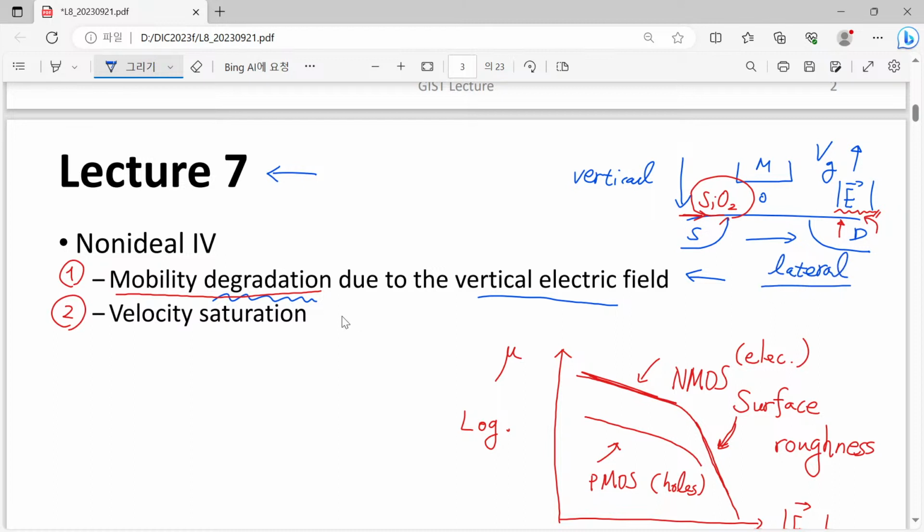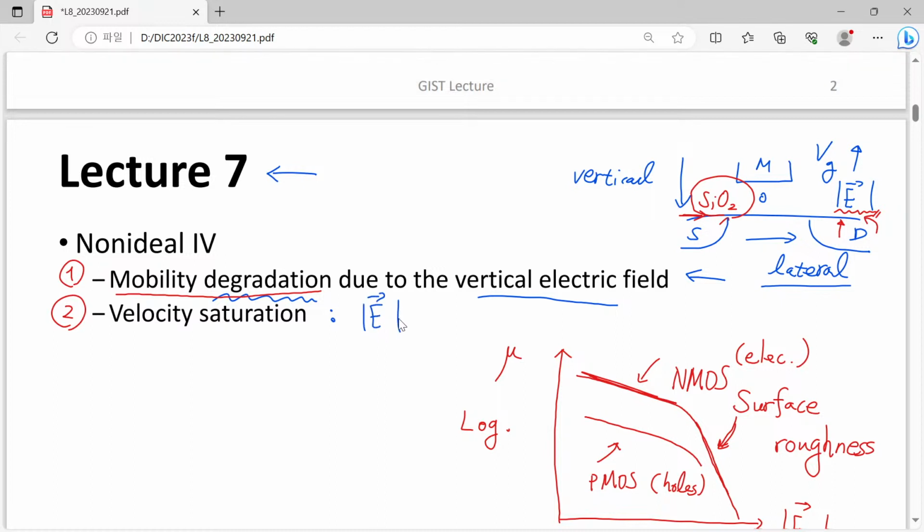So we are now in this second part, velocity saturation. We are now talking about the electric field which is headed along the lateral direction.